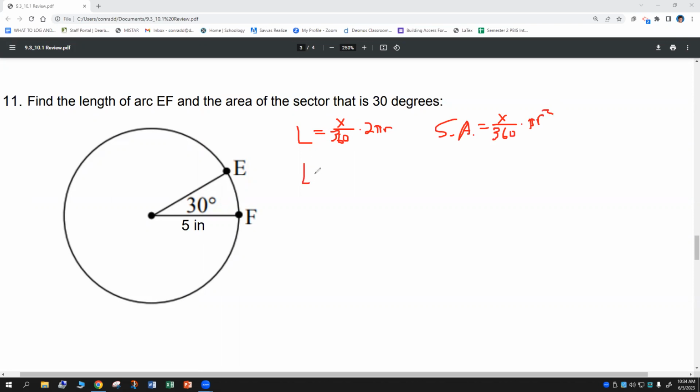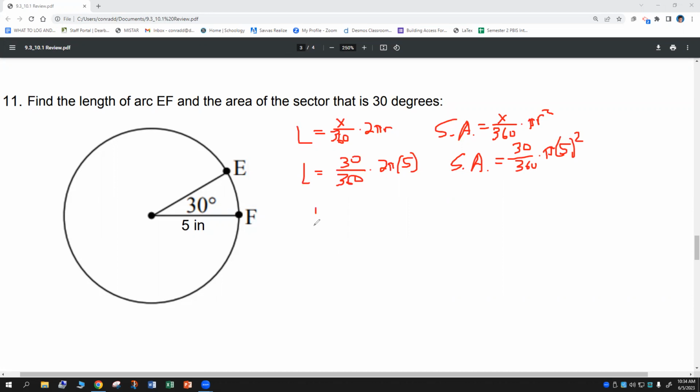Okay, so this should be 30 over 360 times 2 pi times 5. Well, this one is sector area equals 30 over 360 times pi times the radius, which is 5 squared.